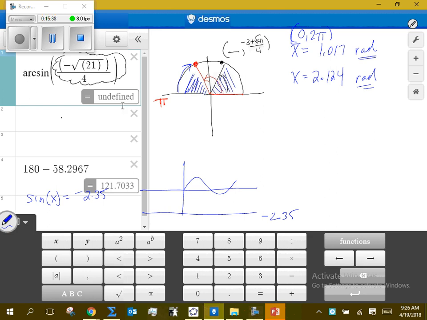Well, at some point, you may be able to find a solution that is still between -1 and 1. So you'd have 2 more solutions that come from that. Does that make sense? And because they're negative, they would exist in the 3rd or 4th quadrants, because that's where the sine is negative. And you would just go through that unit circle process to decipher what those values are between 0 and 2 pi.